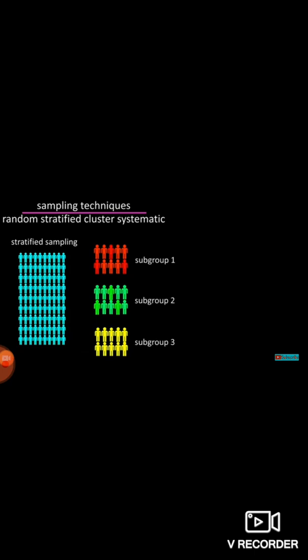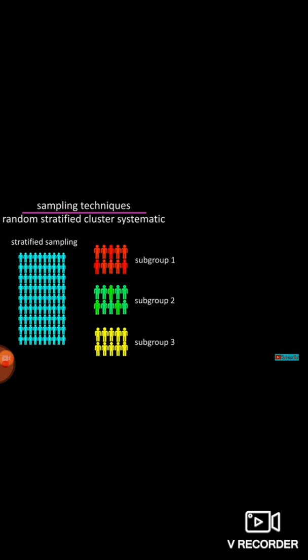The universe or population is divided into some homogeneous groups, and then a sample is drawn from each group. Like this is category 1, category 2, subgroup 3. These are the 3 different ways in which our population is divided, and from these groups we select an equal number of samples.